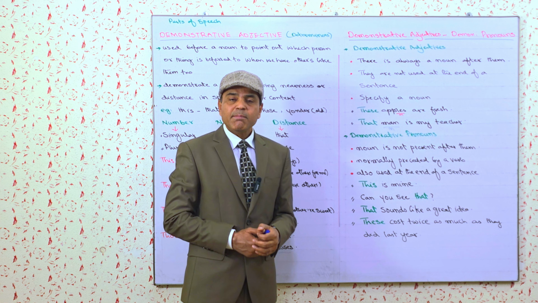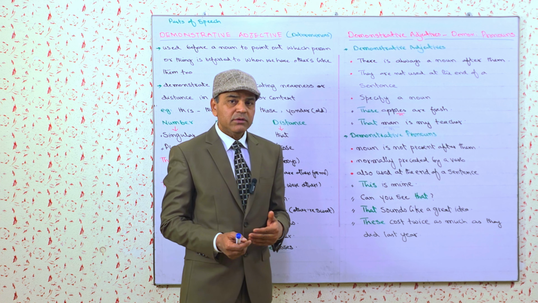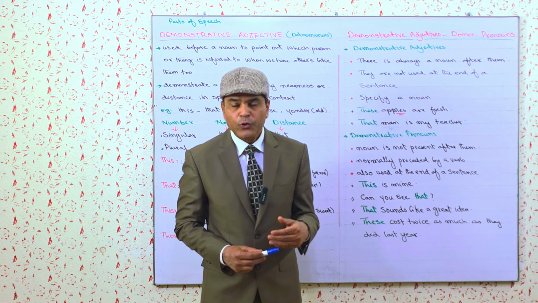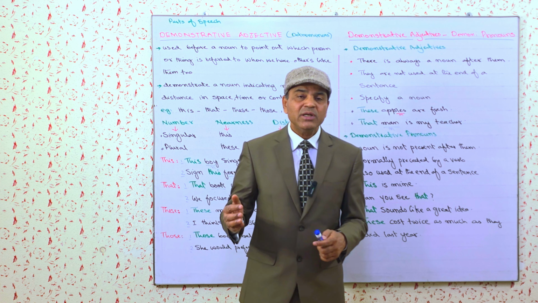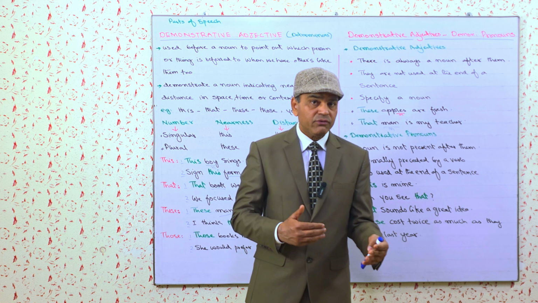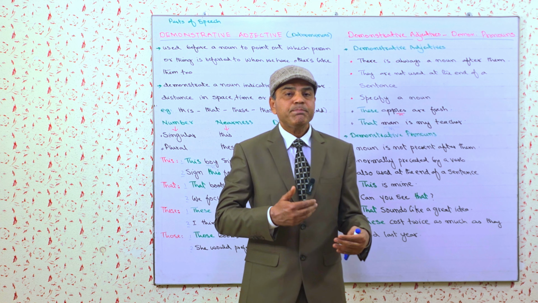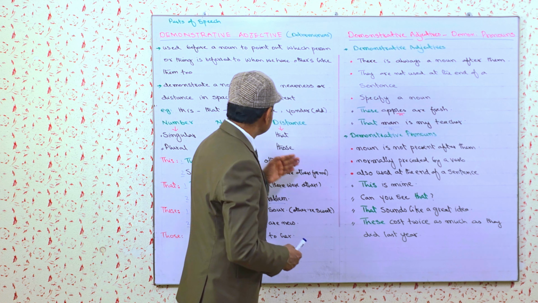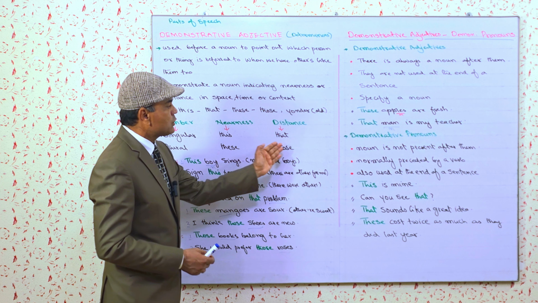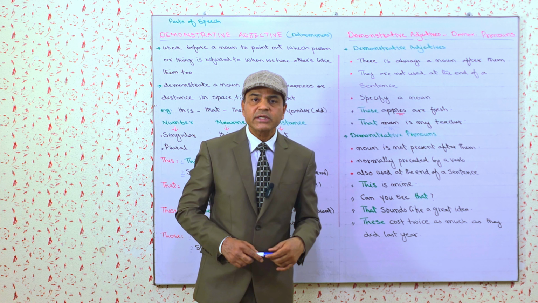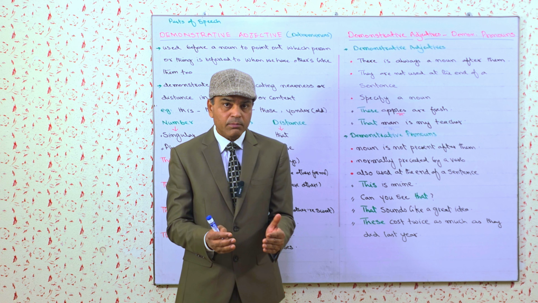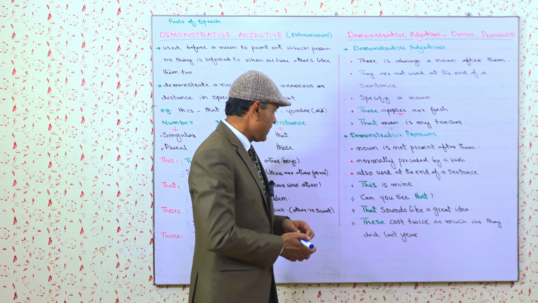But demonstrative pronouns are different, because we already know that the word pronoun is used in place of a noun, not with a noun. So wherever these words like this, that, these, those are used as demonstrative pronouns, they will not be used with the noun but in place of the noun.